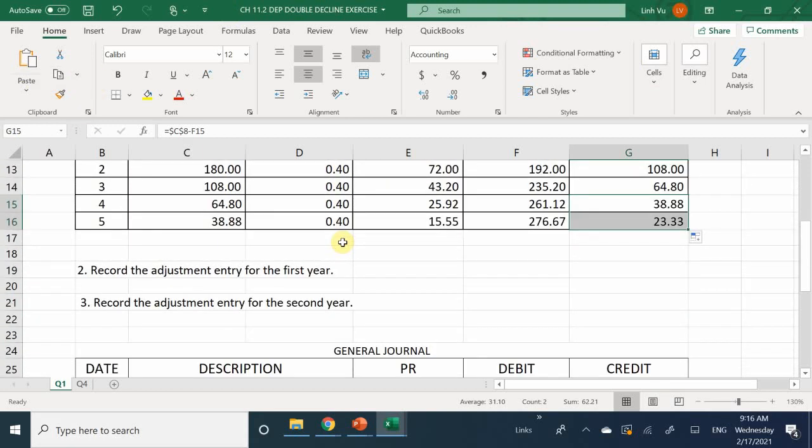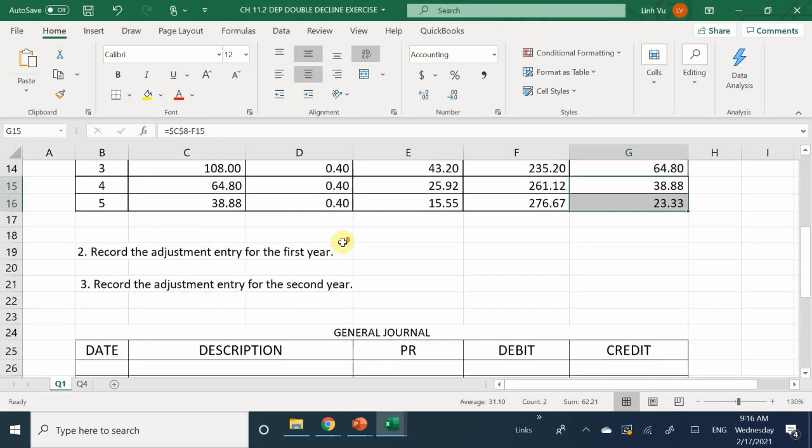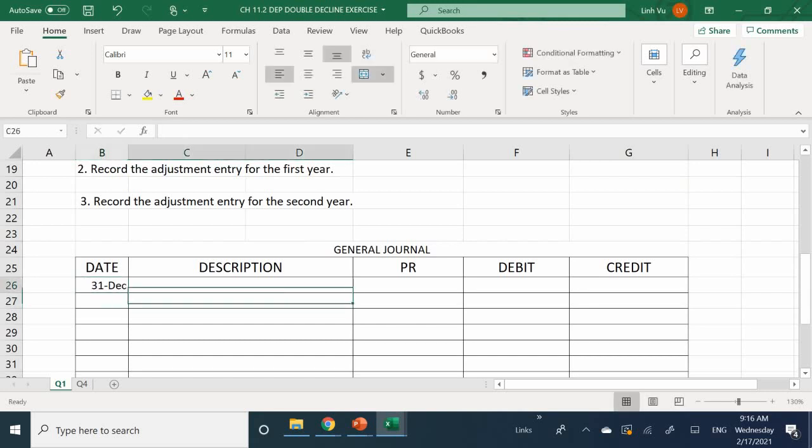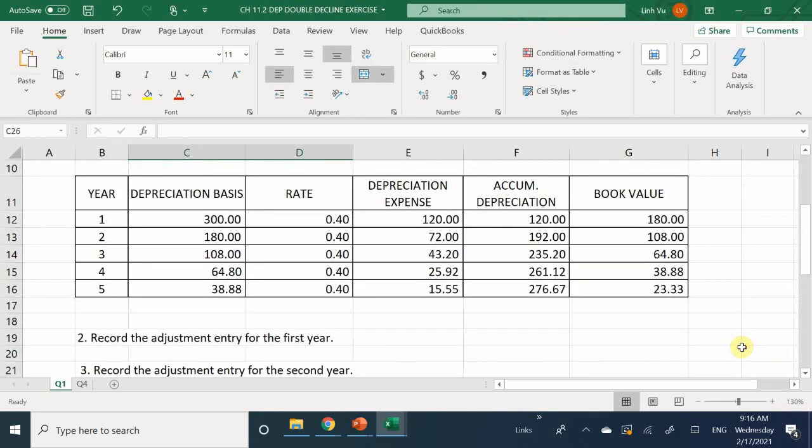Question number 2 says you're going to journalize the depreciation for the first year, and question number 3 is to depreciate for the second year. So let's journalize this, assuming it's the end of the year. What is my journal going to be?